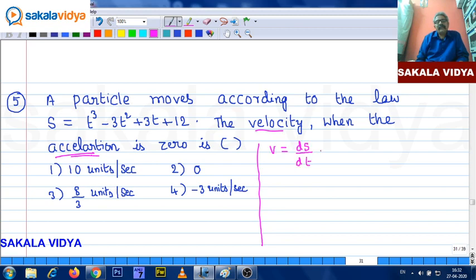Differentiating s with respect to time, we get 3t square minus 6t plus 3. Acceleration is dv by dt, which is 6t minus 6.